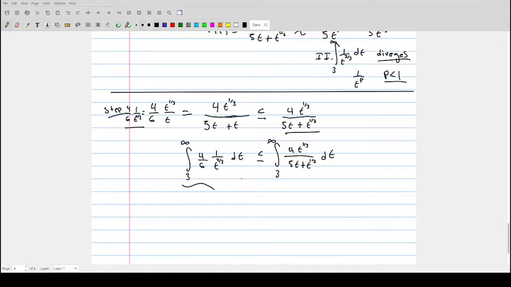And this is 4/6 times a p integral with p less than 1. So this diverges. And therefore, because this goes to positive infinity, this improper integral also diverges by the direct comparison test.